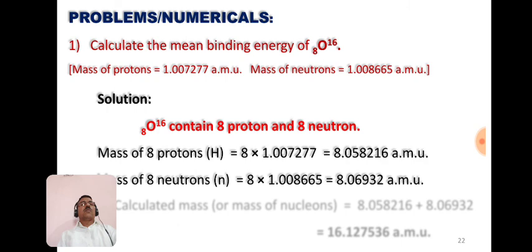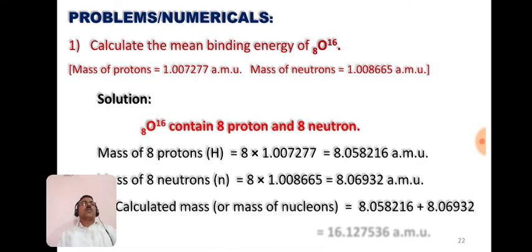Similarly, we calculate the mass of neutrons using this formula. The mass of one neutron is 1.008665. As there are 8 neutrons, 8 into this value gives 8.06932 atomic mass unit.